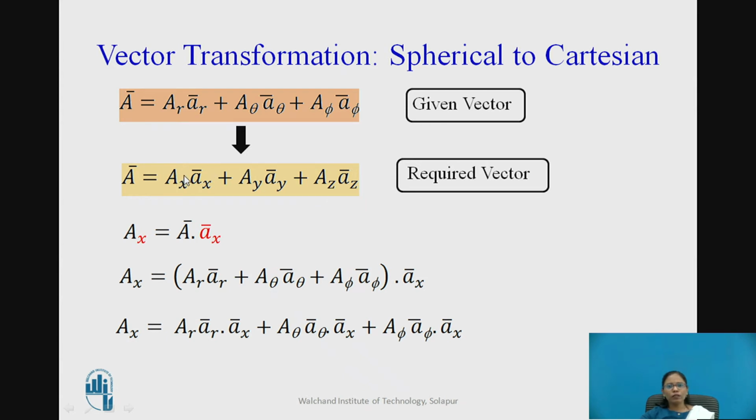In order to find out Ax, which is the magnitude along the x direction, I need to take the dot product with the unit vector ax bar, and A bar is the given vector. I have to put that vector here and take the dot product with ax, and the simplified equation is this. Again here the dot product I need to find is in different coordinates, and for that I need to follow table 2.